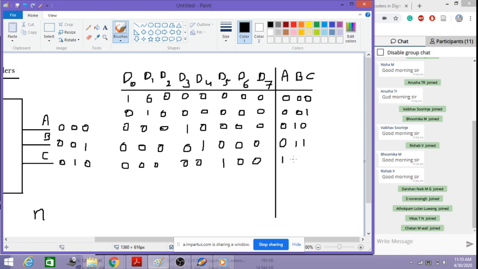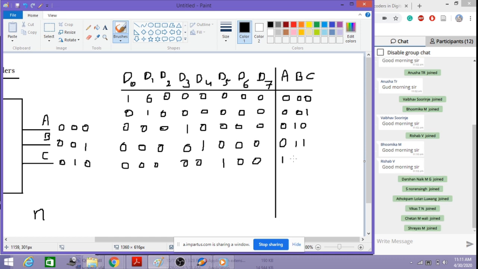Then I'll get this as, okay, I think we have missed one of the steps here. So this is supposed to be 5.